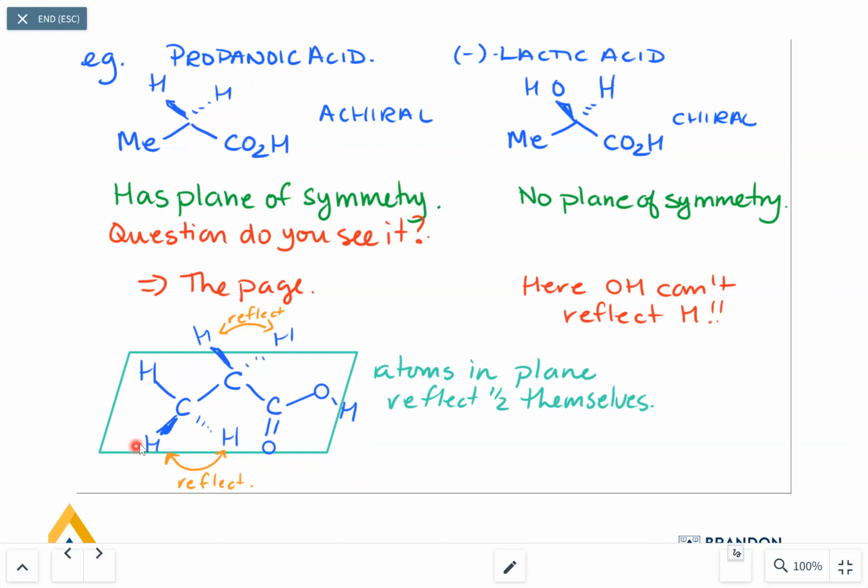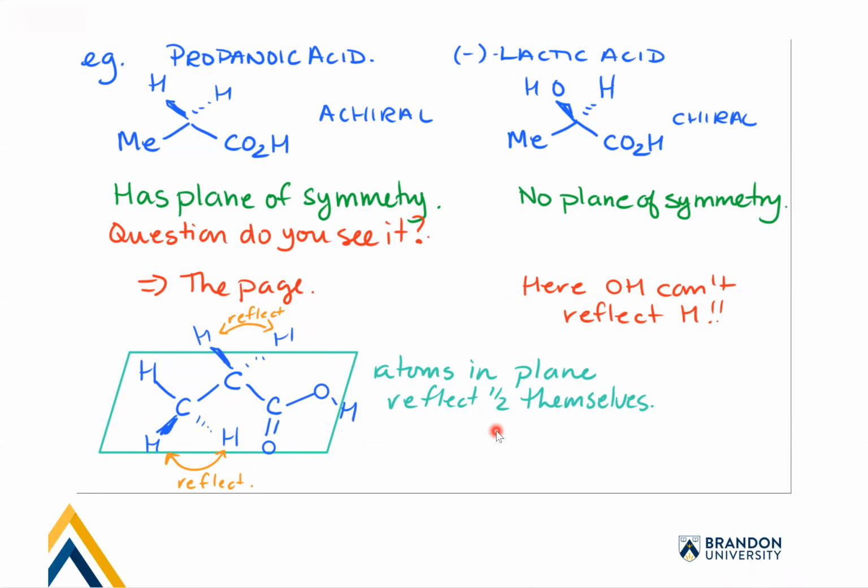And then the two groups that reflect one another are above and below. This H is above the plane, this H is below it, and they reflect each other perfectly, as do those. But once you add this hydroxyl group here, it's now reflected by a proton, and that destroys this entire plane. So that's how a plane of symmetry works.